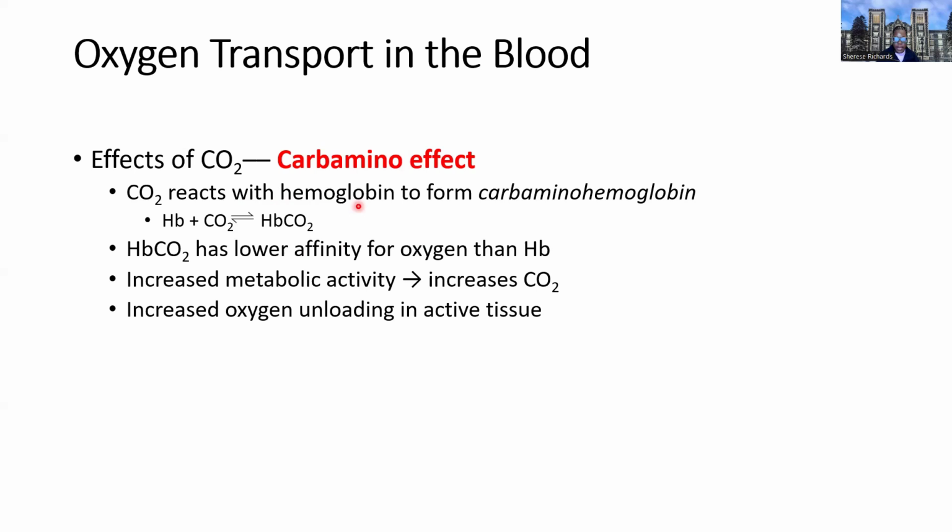And then that can also increase the oxygen unloading in our active tissues, which really makes sense when you think about it. Let's say you're in a panic state, you have more CO2 building up in your blood, more of that CO2 can bind to hemoglobin, creating this intermediate carbamino hemoglobin, which makes it easier, again, to get the oxygen off of your hemoglobin, and you can unload it more easily into those active tissues, which are undergoing an increased metabolic demand and would need that increased oxygen unloading because of increased CO2.